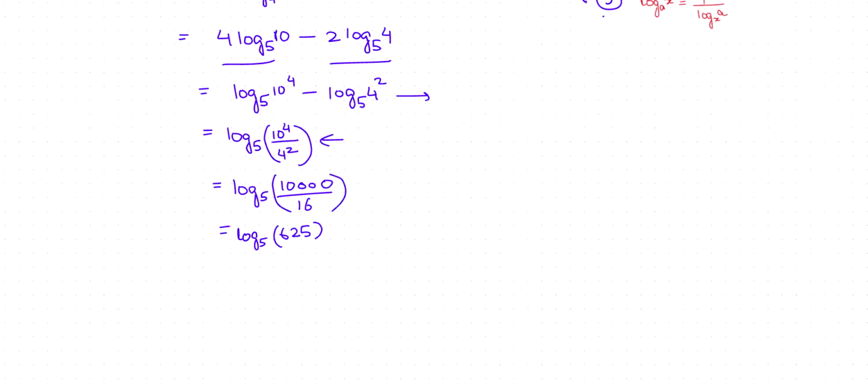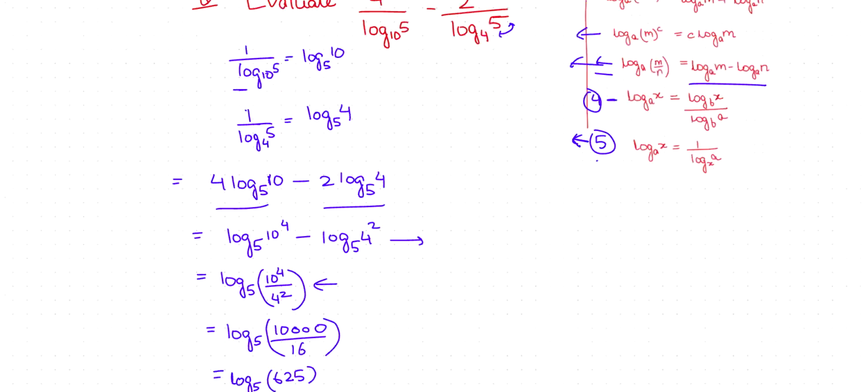Now 625, we know it is 5 raised to power 4. So we can write in this form, and now we will use property 2, which is this.